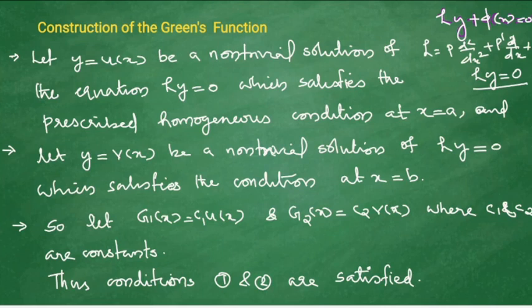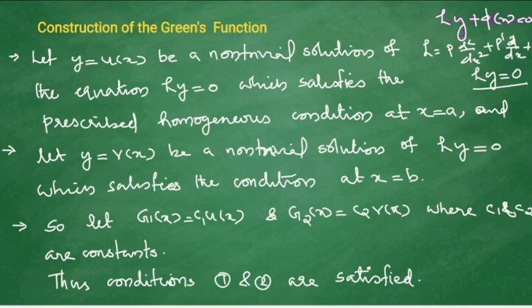When we take g1 of x as u of x for x less than theta, the first condition is satisfied, and g1 satisfies the prescribed homogeneous condition at x equal to a, which is the second property for Green's function. And when we take v of x as g2, we also see that conditions 1 and 2 are satisfied.